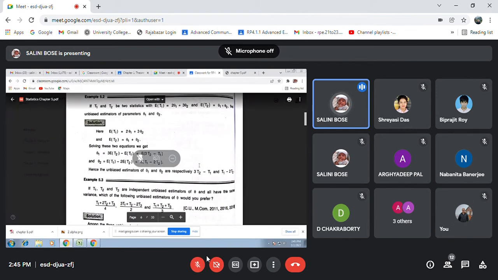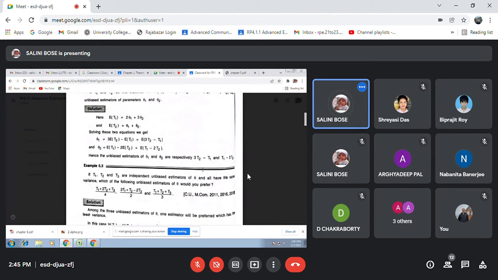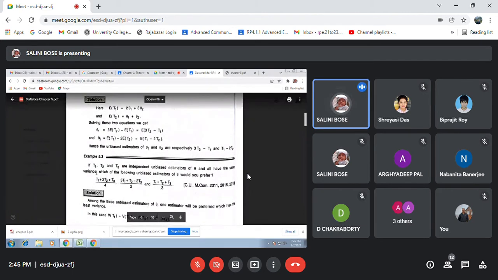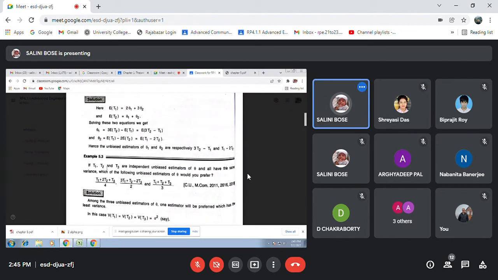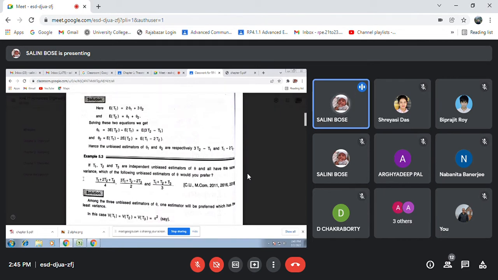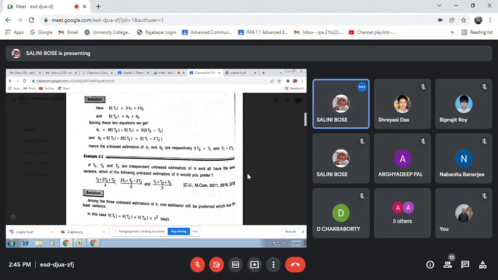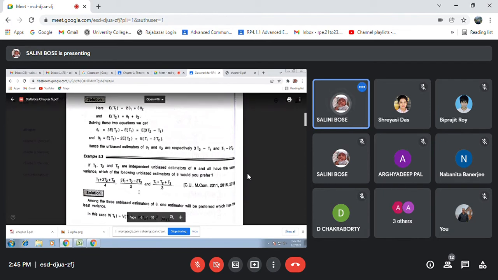Very simple. Okay, now you see this question. If T1, T2, T3 are independent unbiased estimators of theta and all have the same variance, remember, all have the same variance, which of the following unbiased estimators of theta would you prefer?